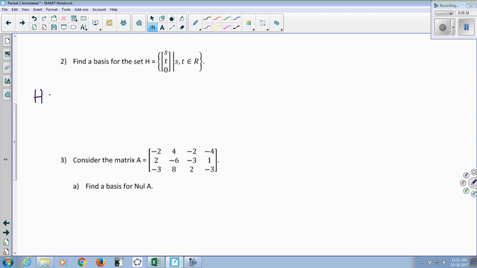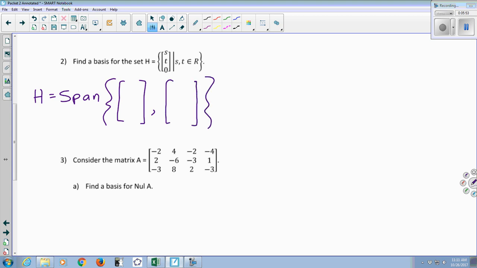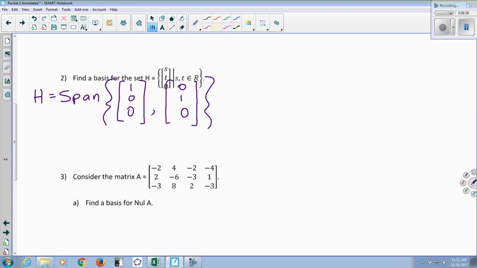So let's just rewrite this as the span of some stuff. I've got an s and a t, so I could have 1, 0, 0 and 0, 1, 0. Right? If I throw a constant on this one and a constant on this one and add them together, I'm going to get real number, 0.